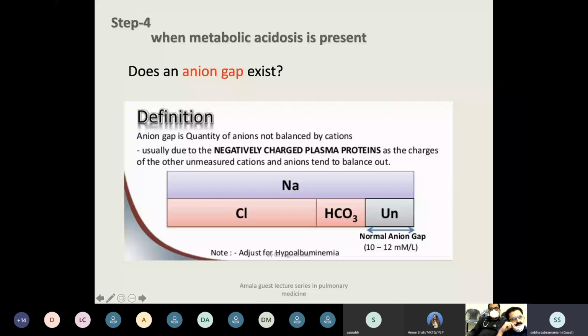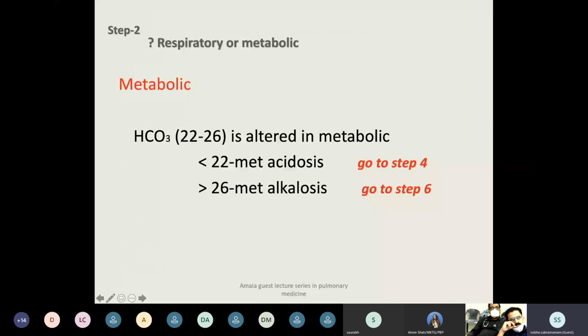So if you think metabolic, bicarb is the culprit. Reduced HCO3 to less than 24 is metabolic acidosis. More than 24 will be metabolic alkalosis. So if it is metabolic acidosis, you go to step 4. If it is metabolic alkalosis, you go to step 6, where you look for whether the compensation is adequate or not.